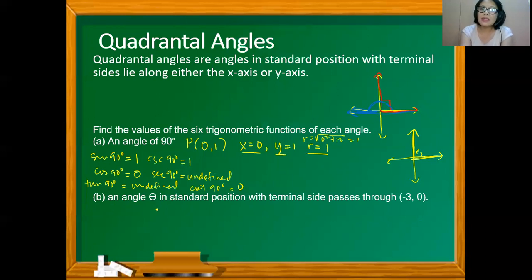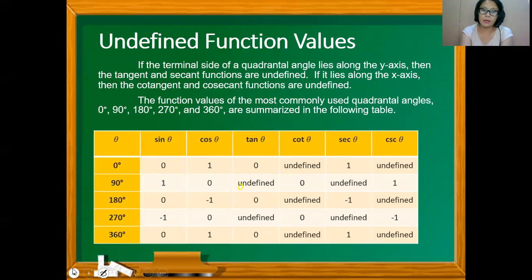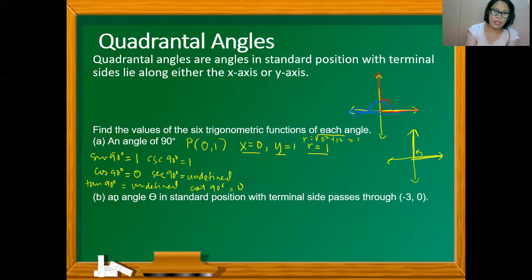Now, consider an angle in standard position with the terminal side passing through negative 3, 0. Okay? So, in here, x is negative 3 while y is 0. So, your r must be the square root of quantity negative 3 squared plus 0 squared.